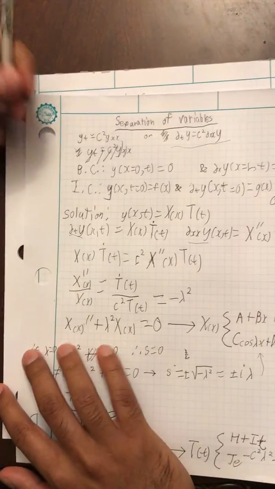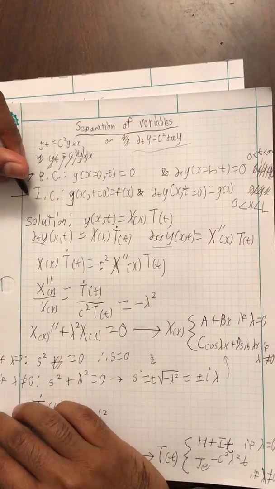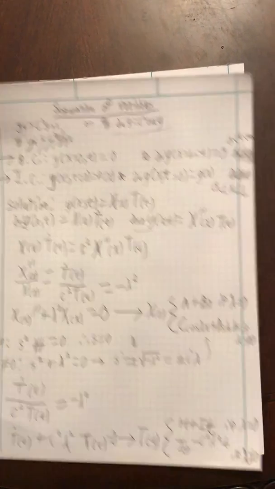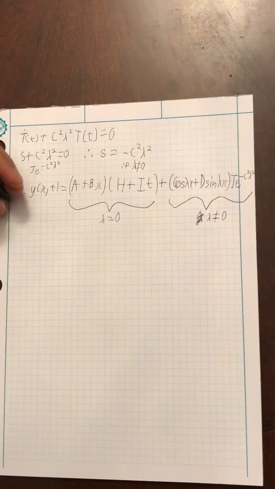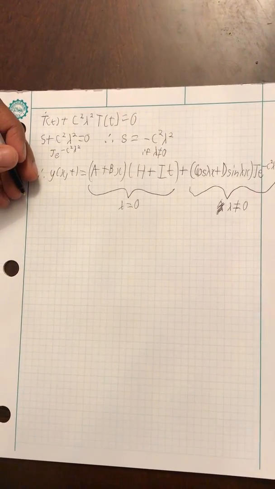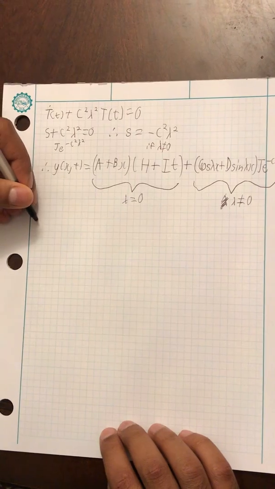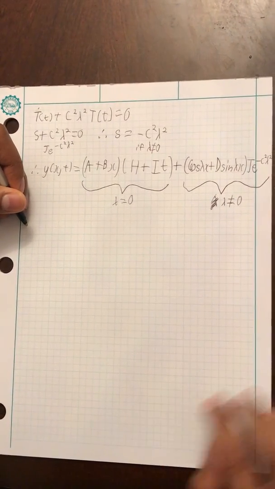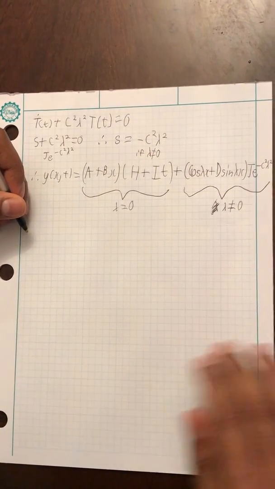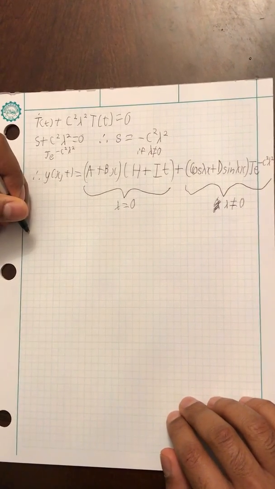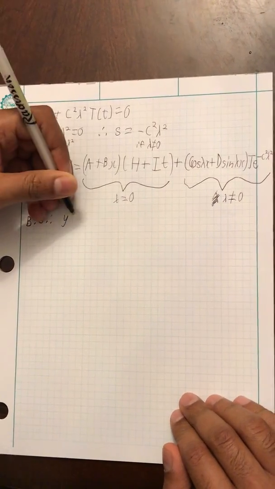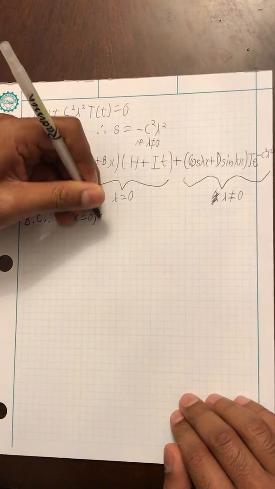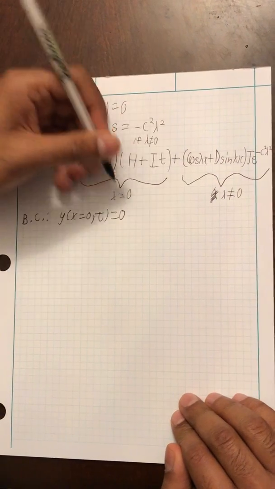But now we're going to use these boundary and initial conditions in order to solve the problem. So for starters, we are going to have to put in the first boundary condition, which is y of x equals 0, t equals 0.